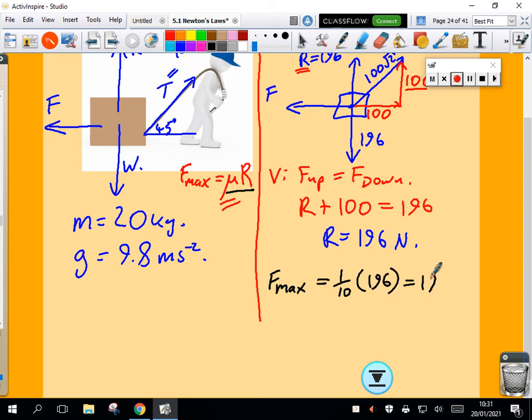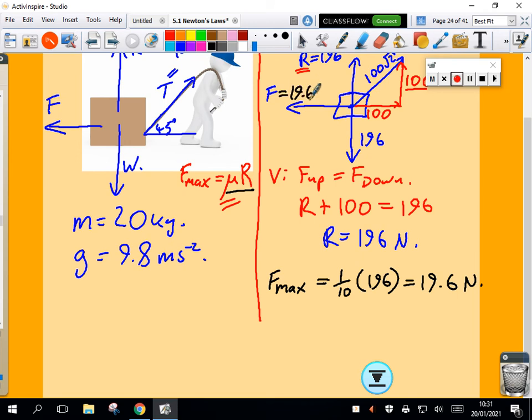So we're going to get 19.6 newtons. That's the most friction that can be called upon, and it'll only be called upon if there's more than 19.6 newtons pulling in the other direction. Here 100 newtons of force is being pulled to the right, which means all of my friction is going to be called upon, so my friction force will be 19.6.